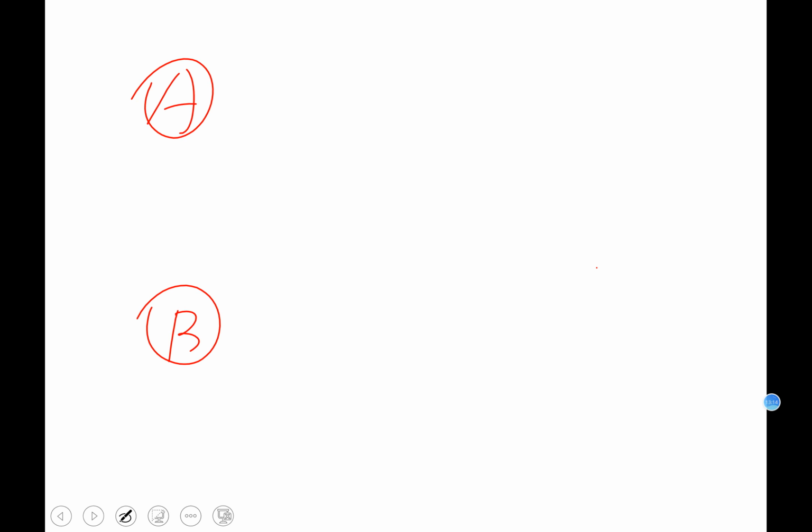Okay, so let's think about it. If we have two populations, this is population A and this is population B, they have no relationship.